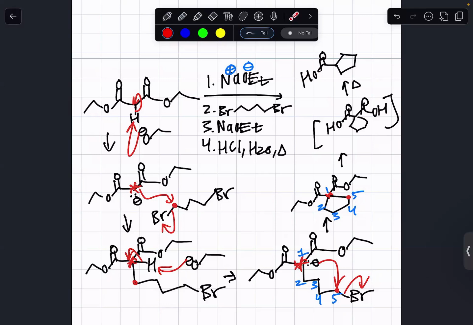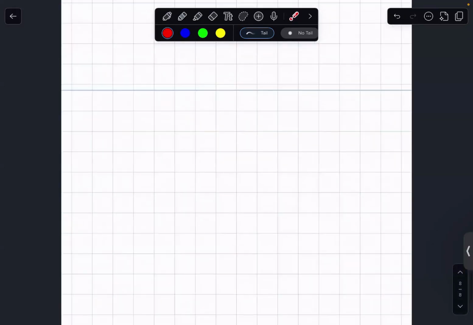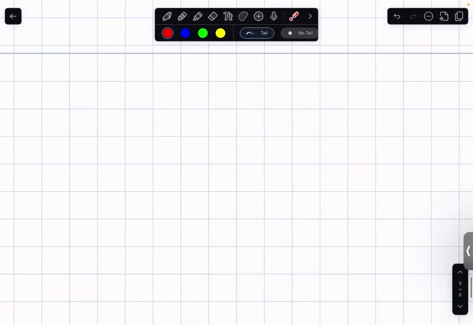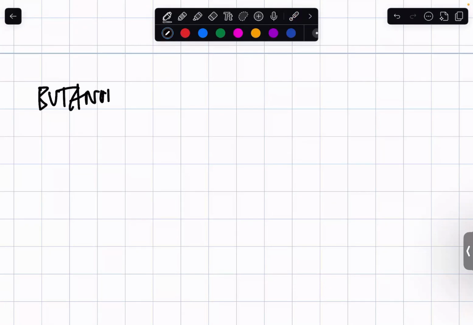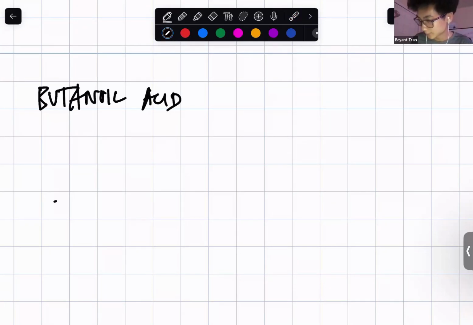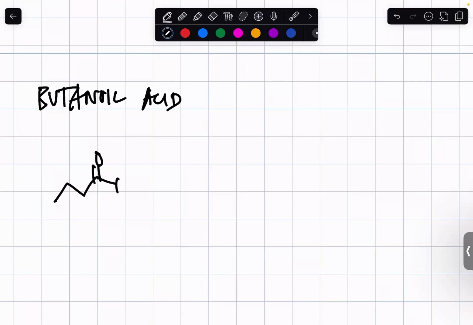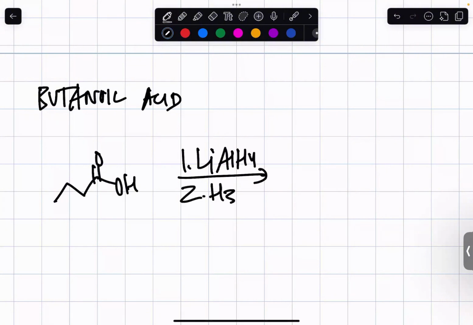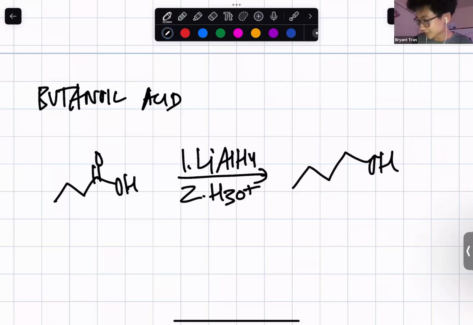One of them is, I think, a butanoic acid reacting with LiAlH4. Is the final product just a primary alcohol? Yeah, that is the product. Just a primary alcohol. That's it.